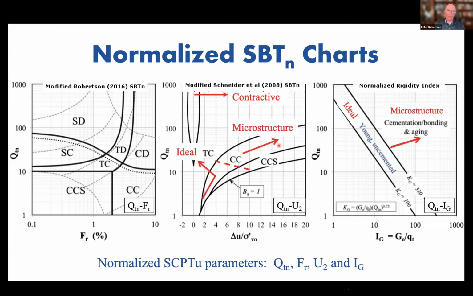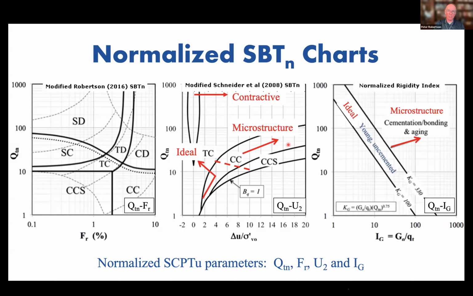And so what would happen is if you had a high normalized cone resistance, that would generally infer that you've got a heavily over-consolidated clay, and heavily over-consolidated clays are normally dilative at large strains. So you should expect to get a negative pore pressure from the cone. But if you measure a large positive pore pressure, then it says, well, hold on, we're expecting this to be stiff and heavily over-consolidated, but it's contractive at large strains.